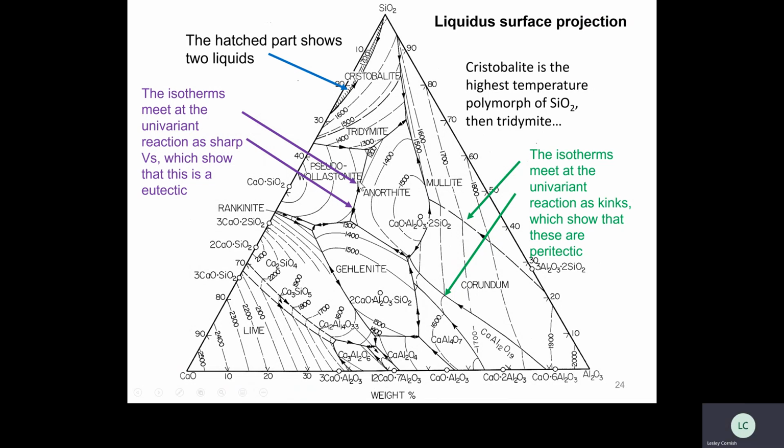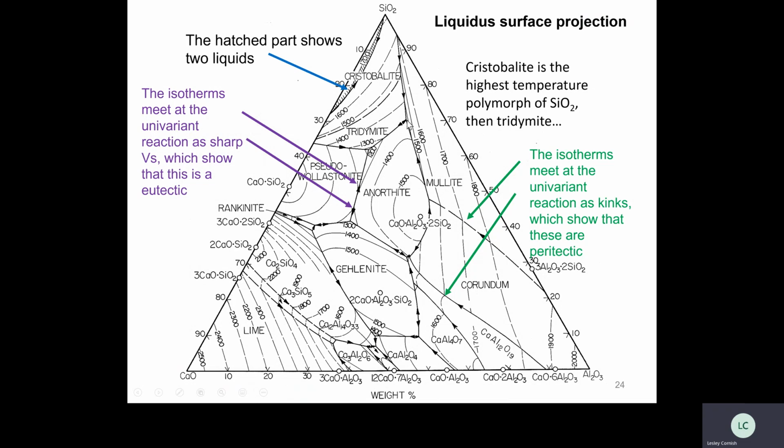If you go back to that slide right at the beginning of the binary eutectic, you get a sharp V vertically as well. And then this is a much shallower one, so it's more of a kink, and there. So those are peritectic reactions. There's another eutectic there, and you can piece the things in even if you haven't got the arrows. But this one, you've got the arrows, which is nice.